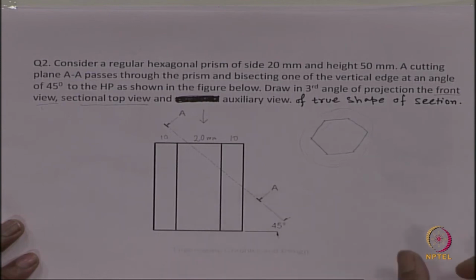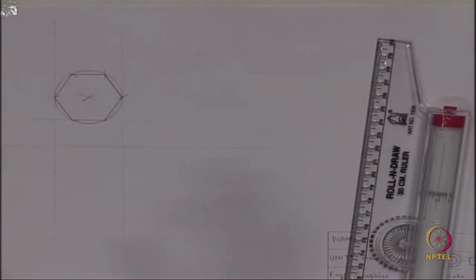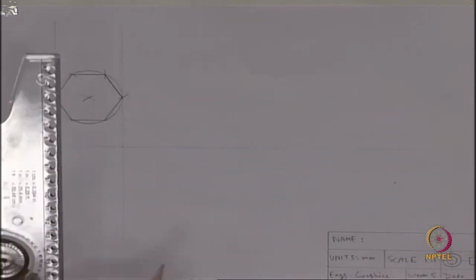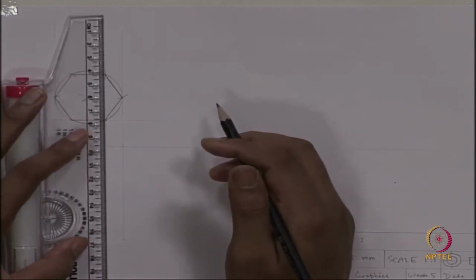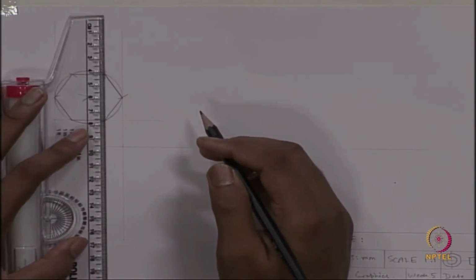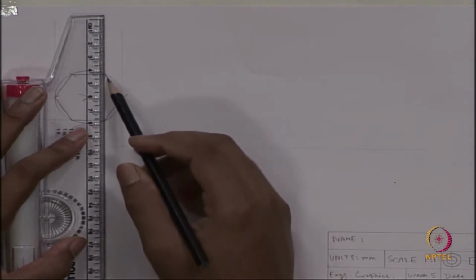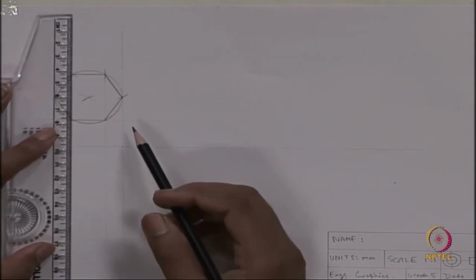That is why I first drew the hexagon in the top view. From these we will get the construction lines or projection lines, and then we will draw the front view. Similarly here also.